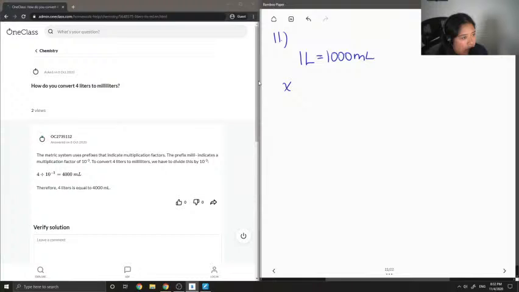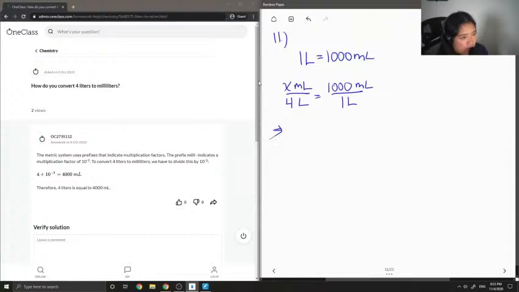So I'm going to put X milliliters over 4 liters is equal to 1,000 milliliters over 1 liter.